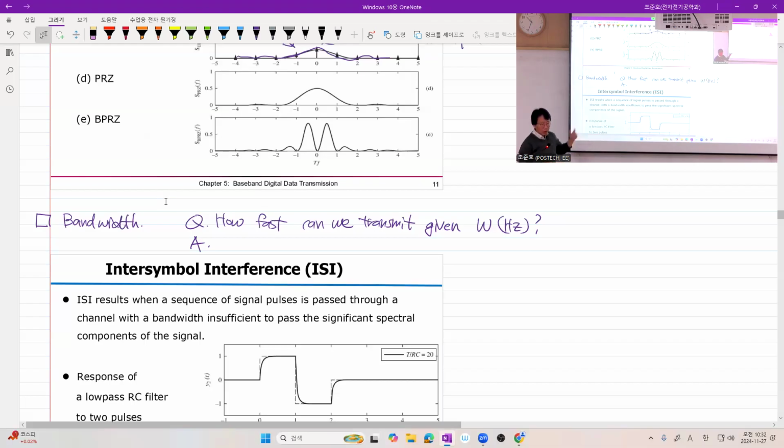So the question is this: how fast can we transmit information bits, given a bandwidth in real passband or real baseband?